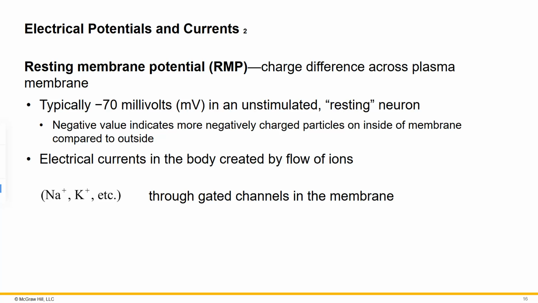Electrical currents in the body are created by flows of ions. I already talked about sodium and potassium. At this point in your college career, you should know that Na refers to sodium and K refers to potassium. If not, definitely memorize it as soon as possible, because those aren't going to go away throughout your studies here.